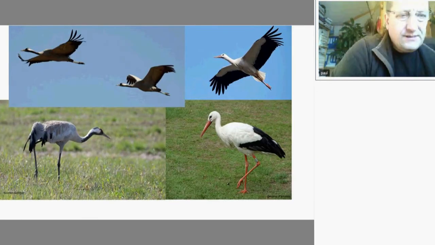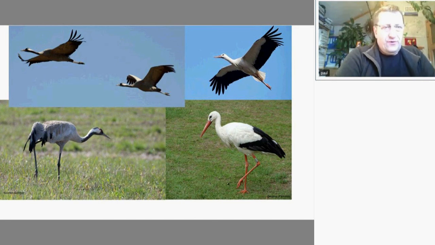The crane is a large bird. They weigh 5-6 kilos usually, and they are 1 meter 30 centimeters tall, as normal. They look a little bit like a stork, so they can be mixed up with the white stork, and if you don't see well, you can also mix them up with the black stork, the forest stork. But normally it's quite visible that it is a crane.